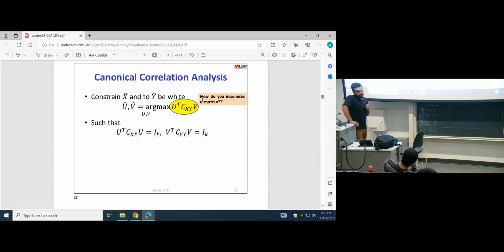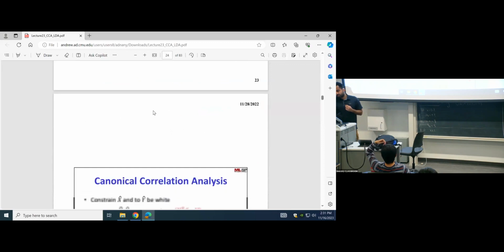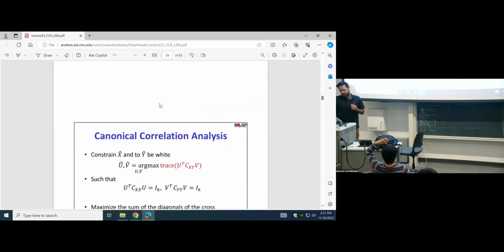It's the trace, right? The trace of a matrix is the sum of the diagonal. The reason this works is, you remember that the determinant of a matrix is the multiplication of the diagonal when it's in row echelon form. Same thing here. You can maximize a matrix by maximizing the trace. So these two are equivalent.